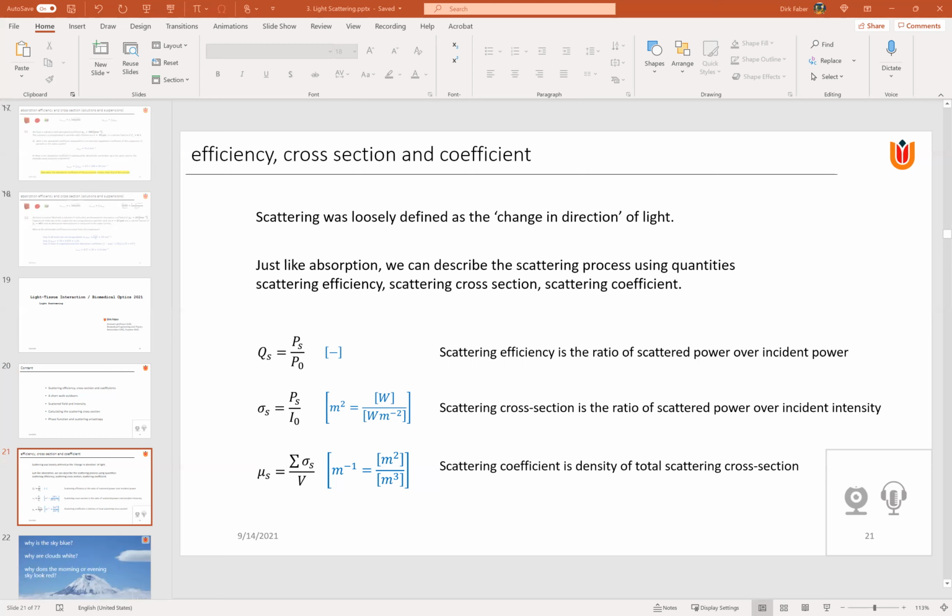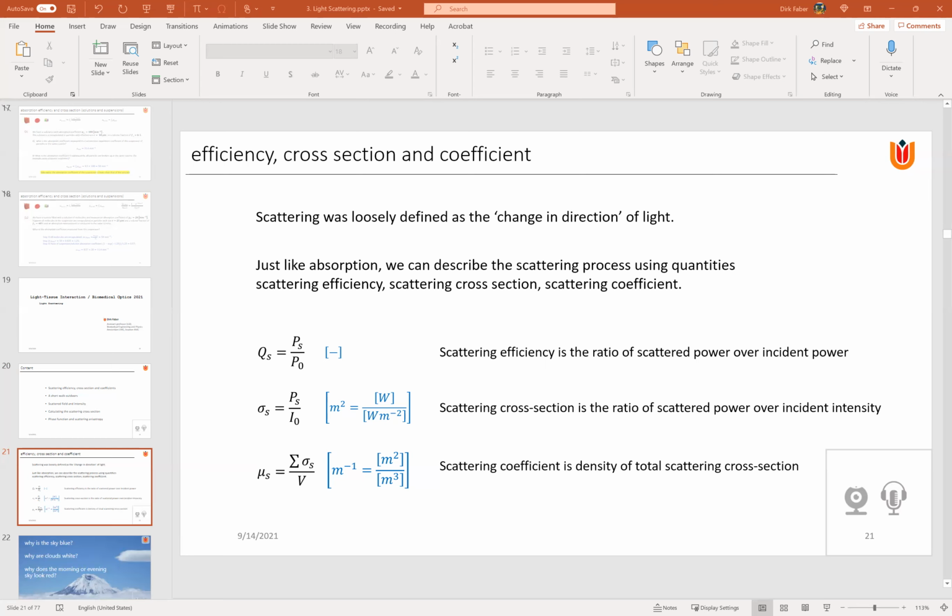But if you realize that, so what were the, let's turn it around. What were the equations that we had before for the scattering coefficient? For the absorption coefficient, that was of course in that case, mu is rho times sigma.